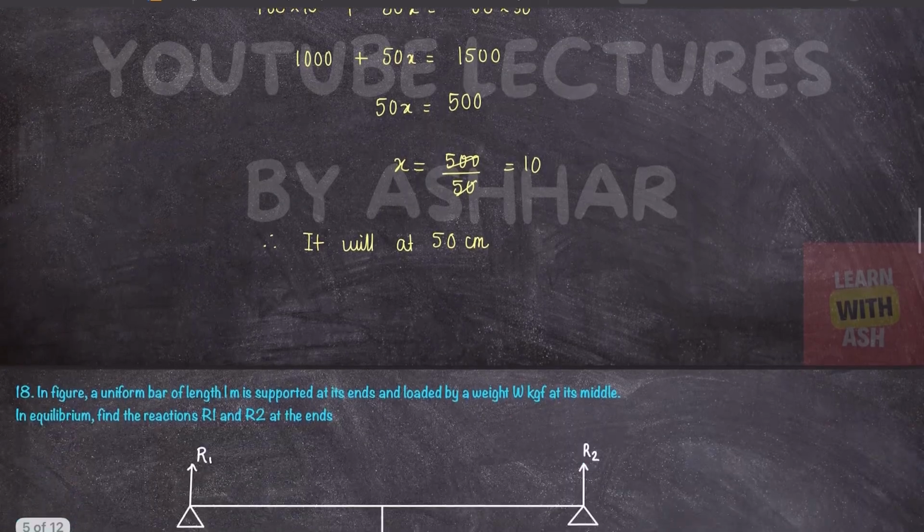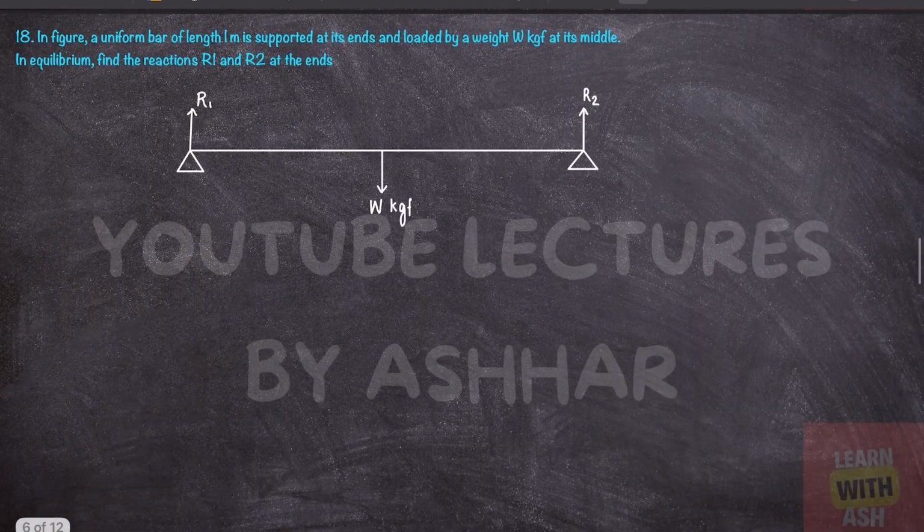And now let us move on to our last question of this chapter. And this is a bit different type of question. So there is a little less chance for this type of question to come into your board examination. So the question is, in a figure, a uniform bar of length L meter, that means this whole thing is of L meter, is supported at its end and loaded by weight of W kilogram force at its middle.